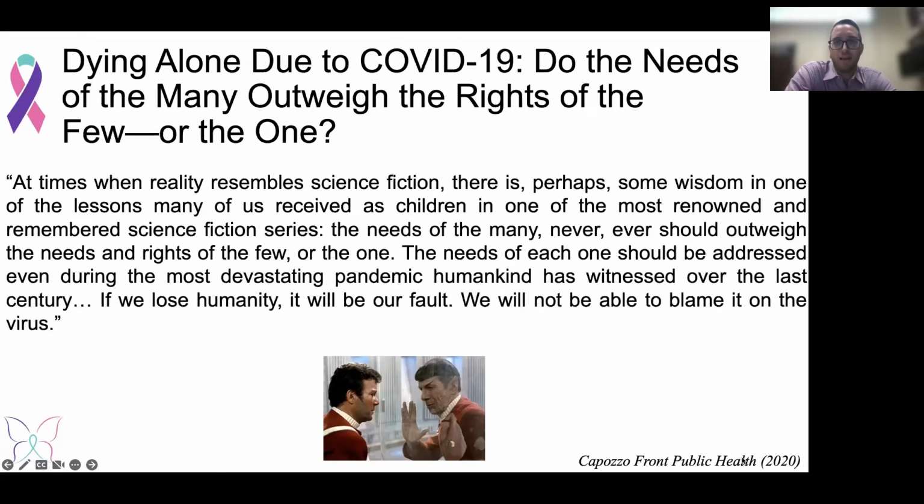This is a slight paraphrase, but it's a quote from the editorial, basically saying that it's a very tenuous argument to use the needs of the many to circumvent the human rights of the few. And again, they say if we lose our humanity, it would be our fault. I would argue that these cases are a clear example of having lost our humanity as a society.